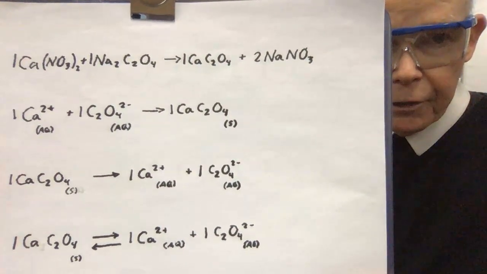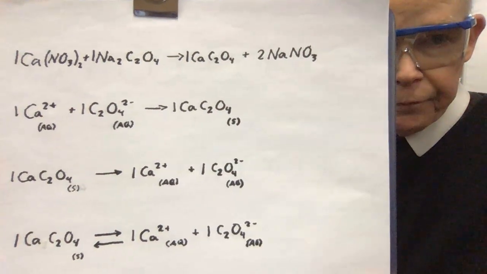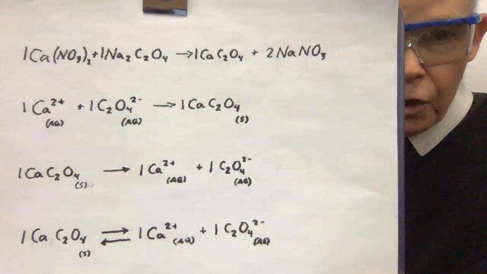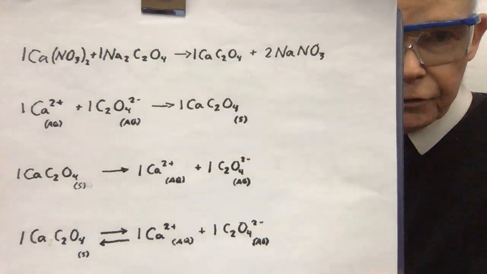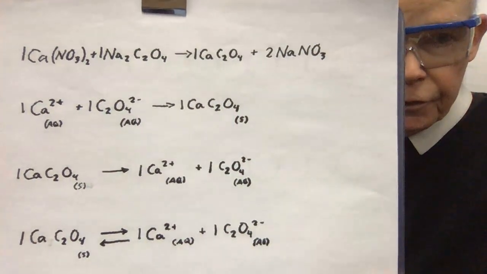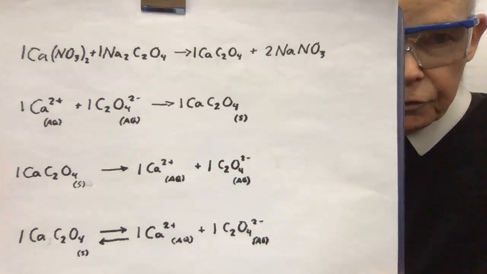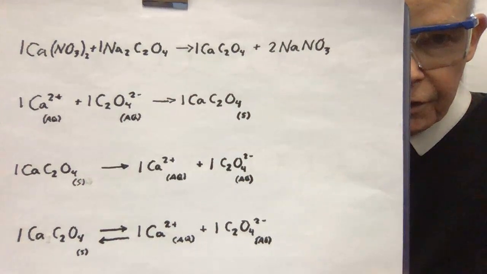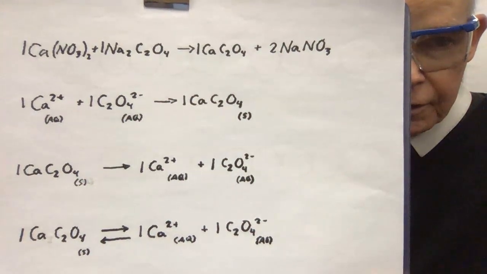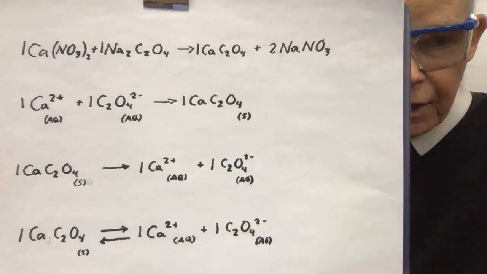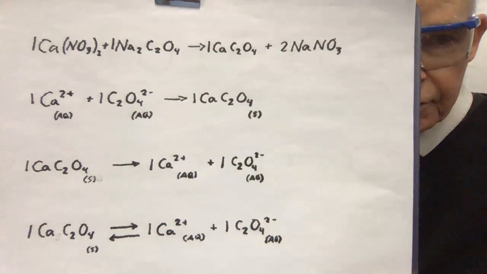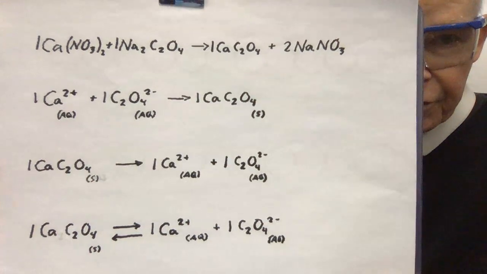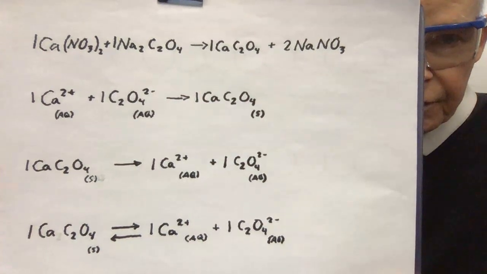The calcium ion, in the second reaction, reacts with the oxalate and produces a solid precipitate of calcium oxalate. So the forward reaction, shown with the arrow there, indicates that the calcium oxalate is a product. But in the third reaction down, I take that product and reverse it, making it go back to being calcium and oxalate.